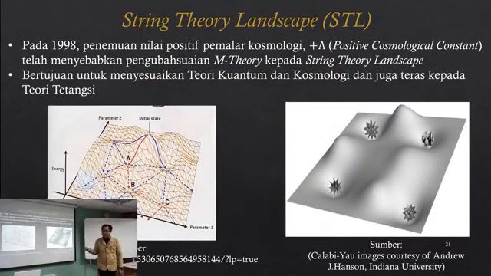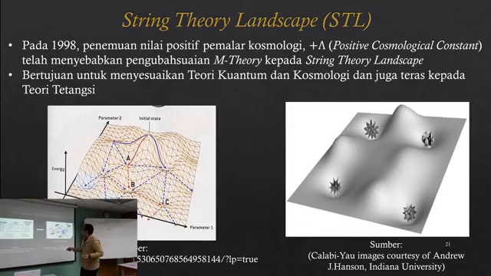Okay, here we go. So this is the string theory landscape, called as STL. Okay, di mana pada 1998, kita tahu bahawa dalam kosmologi, alam kita ni mengembang, right, from the point of view.